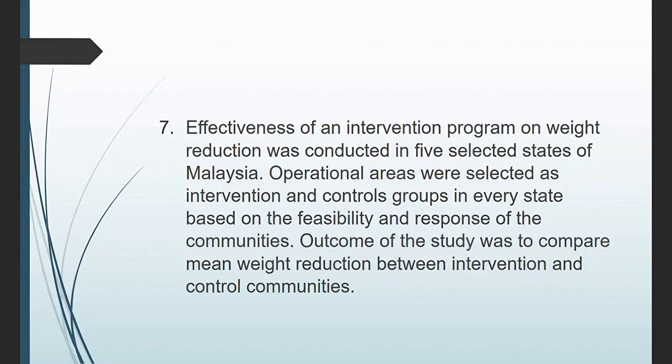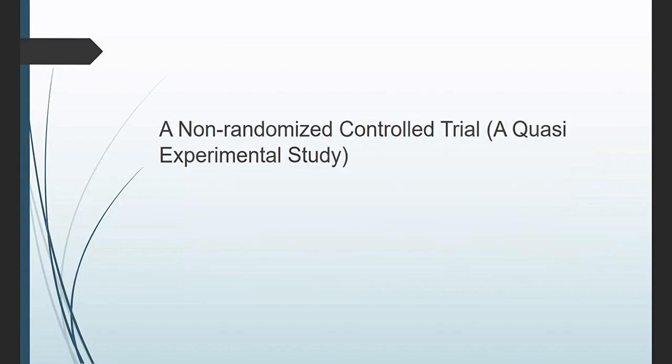You must do it community by community, based on the group. So RCT cannot be done. Randomization is a bit difficult in a community. Because of that, you can just say that this is a community trial, or we can say it's a non-randomized control trial.